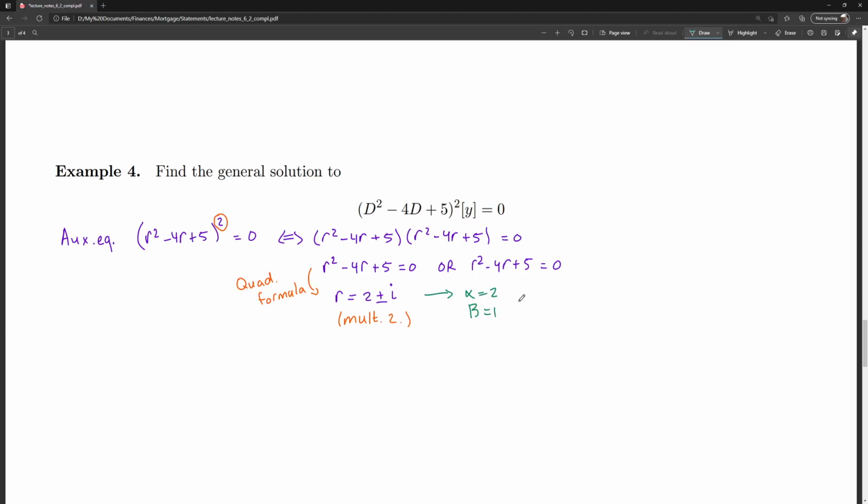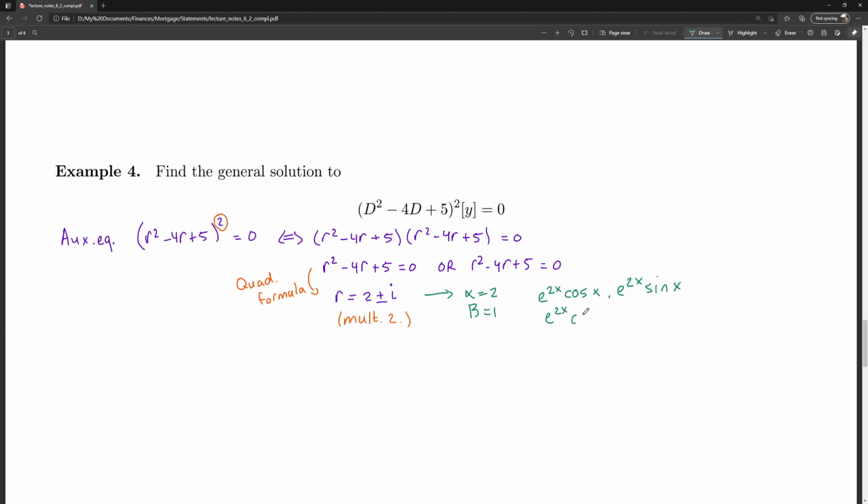So the solutions that come from this are e to the power 2x cosine x, and e to the power 2x sine of x. The 2 goes in front of the x in the power of e, and the 1 goes inside the trigonometric function.